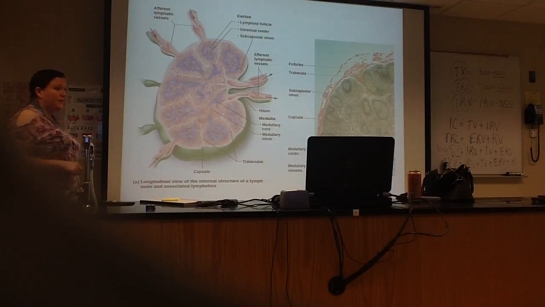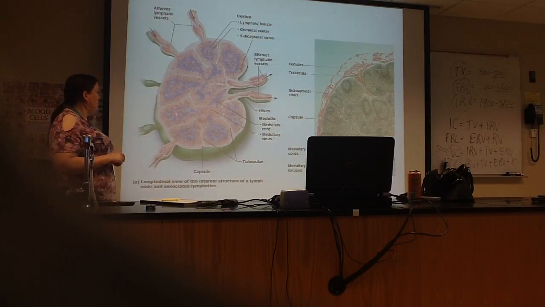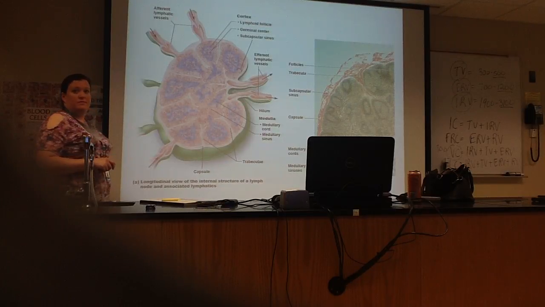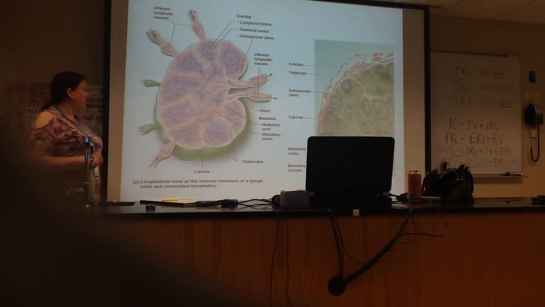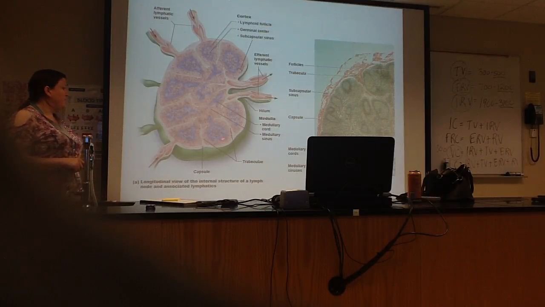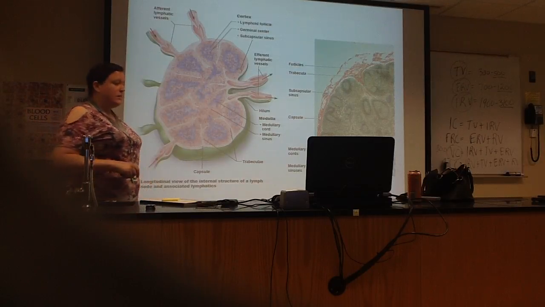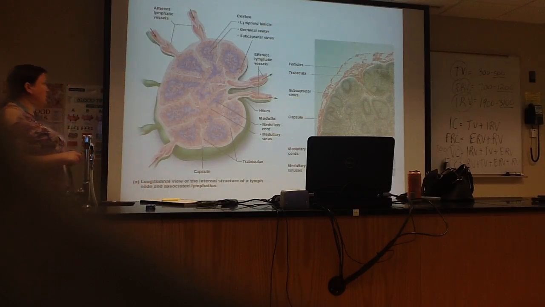Cortex, right? In the cortex, you got these round structures, which are follicles, lymphoid follicles. And what's at the middle of each follicle? The germinal center.